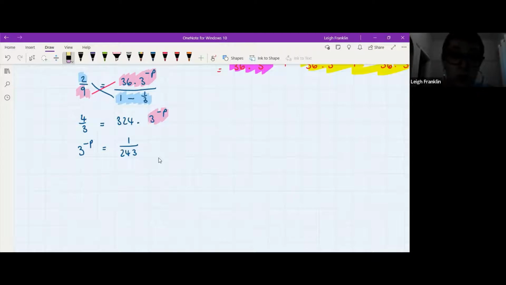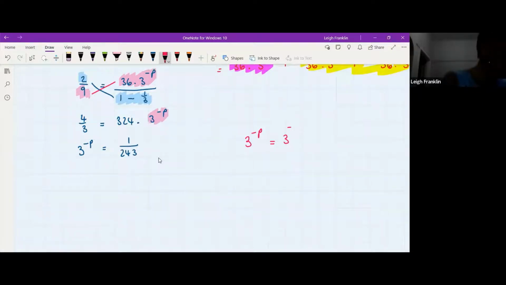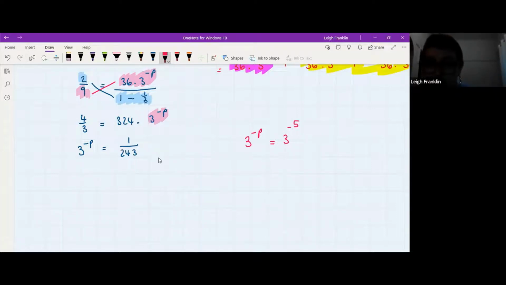So either these are your options. Either you can write this as 3 to the minus p equals 3 to the negative, is it 7? 5, ma'am. 5. Thank you. Yes, 5 is 3 to the negative 5.